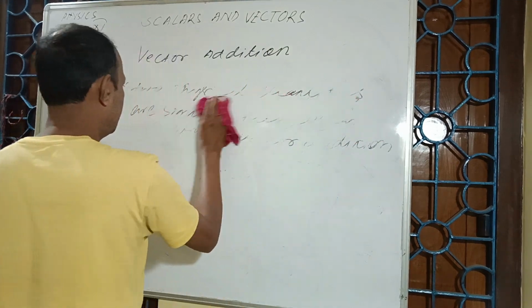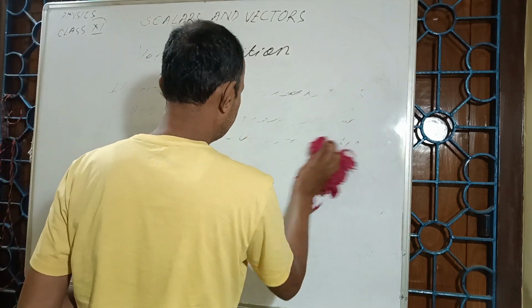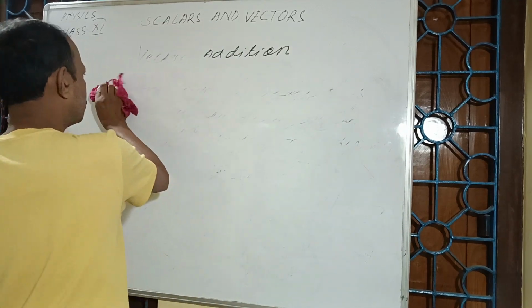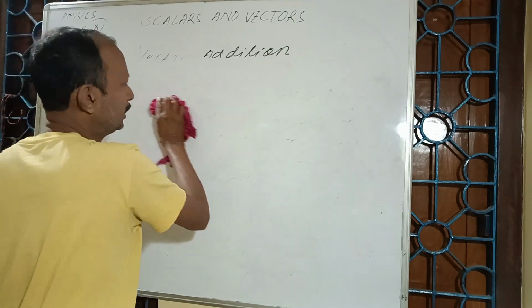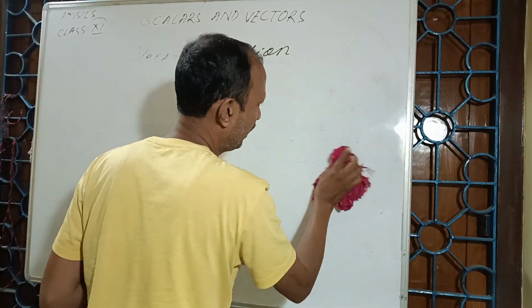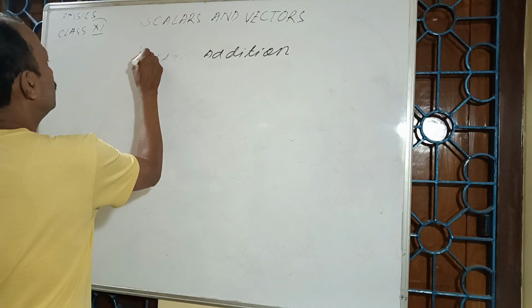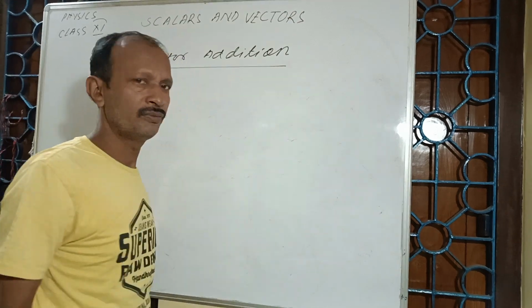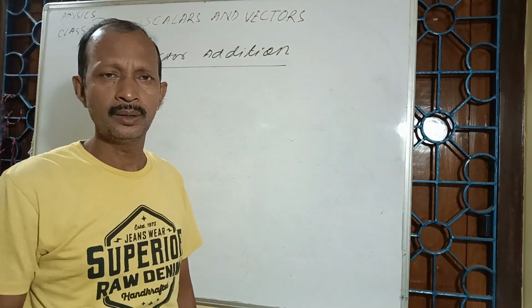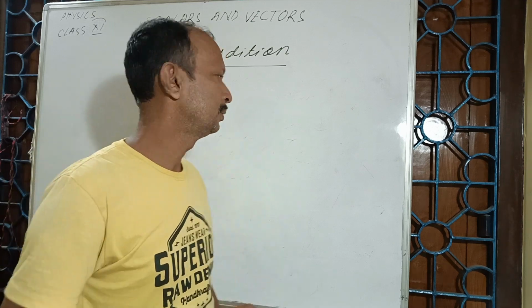Let us see carefully. Some important methods are there. Out of that, one is the triangle law of vector addition. First I am going to explain the triangle method of vector addition.